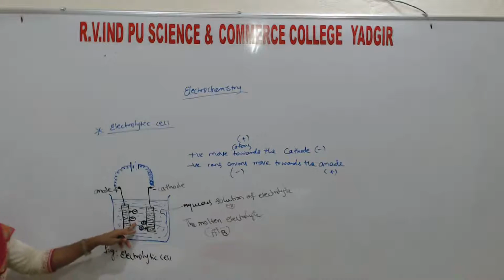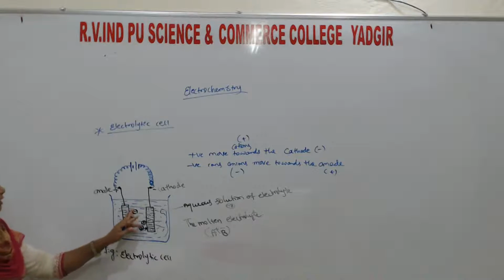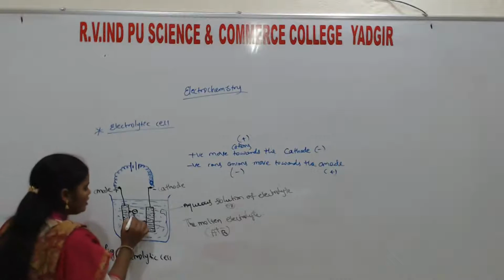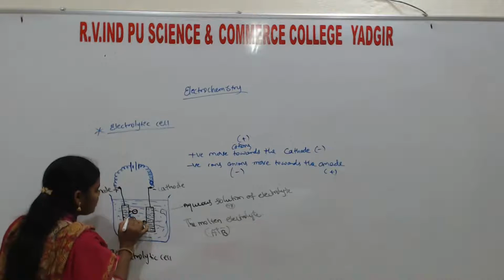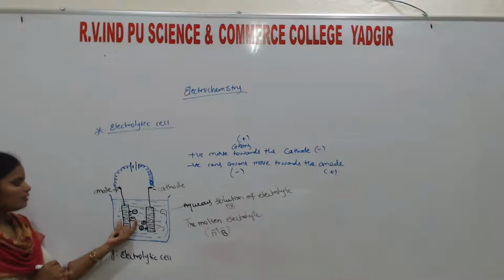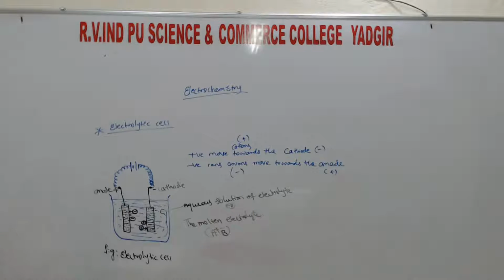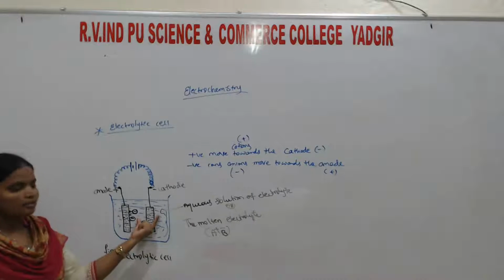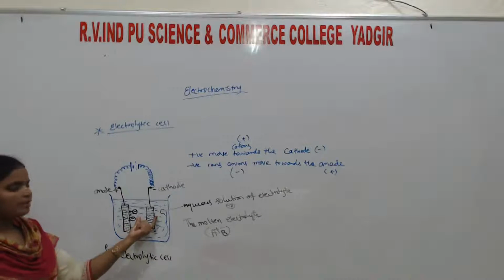Finally the anions reach the anode, and here they lose electrons. And the cations reach the cathode, and they gain electrons.